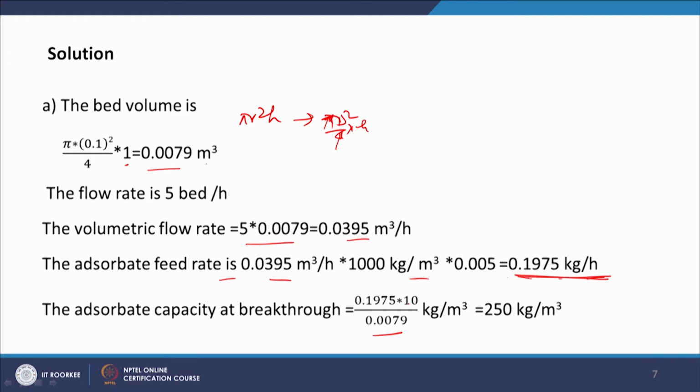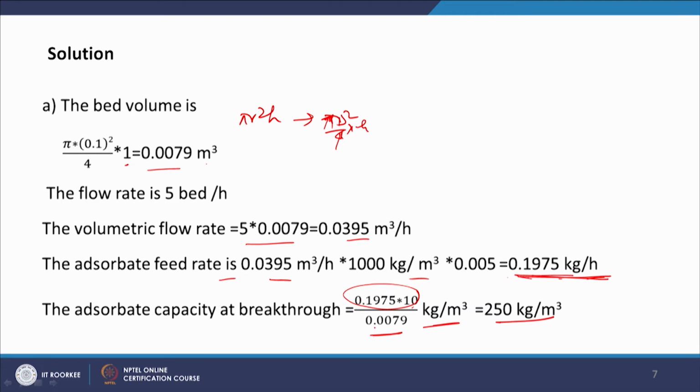So, we have 10 hour, first time we are getting the concentration of the pollutants at the outlet from the packed bed. So, that is 10 hour into this kg per hour. This is the total adsorbate captured by the adsorbent bed, divided by the volume of the adsorbent available in the bed. So, that kg per meter cube we are getting 250 kg per meter cube.